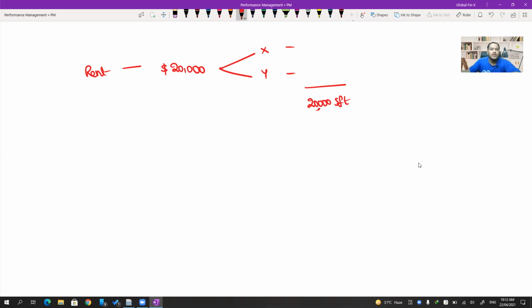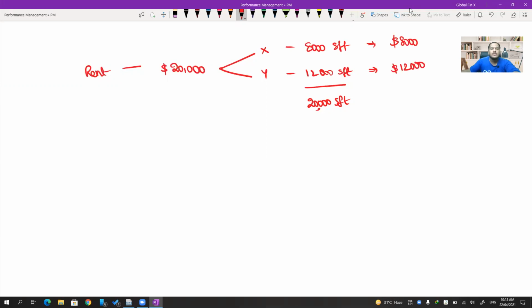20,000 SFT is the total floor space, out of which X is occupying 8,000 SFT and Y is occupying 12,000 SFT, for example. Now it makes sense for me to allocate the rent of 20,000 on the basis of 8 is to 12, or 2 is to 3, whatever it is: $8,000 and $12,000.